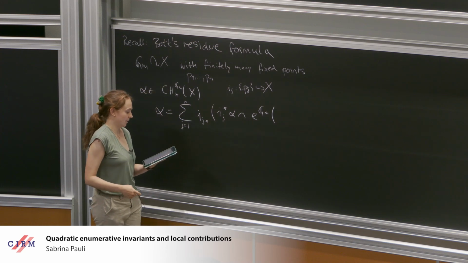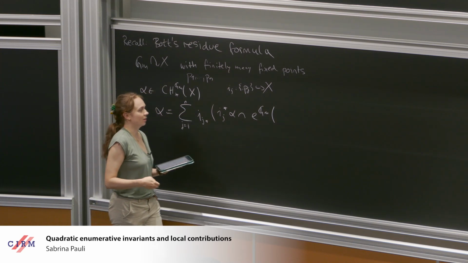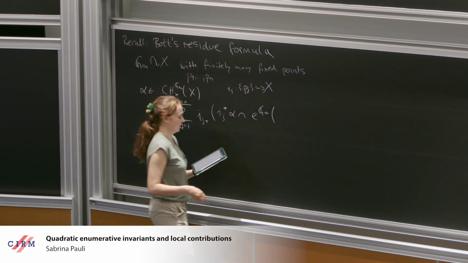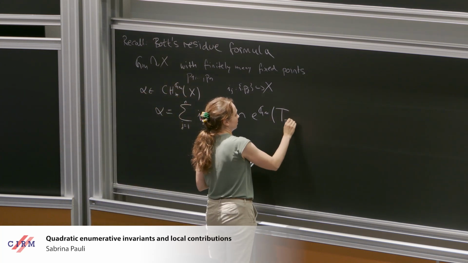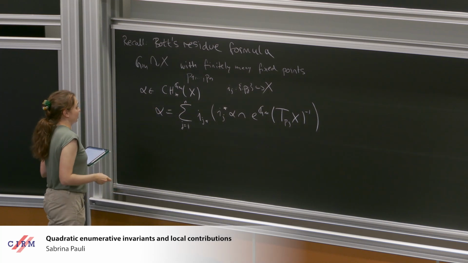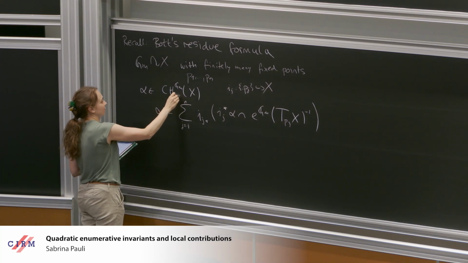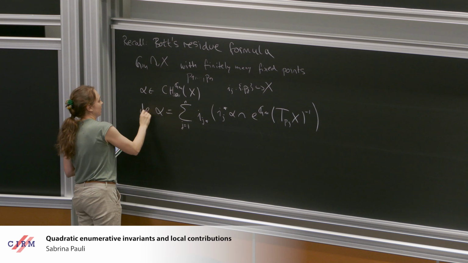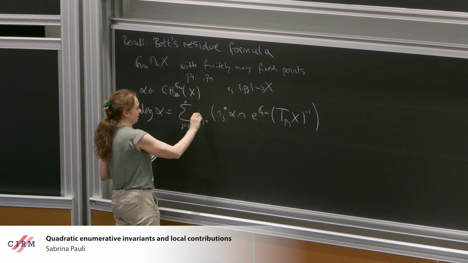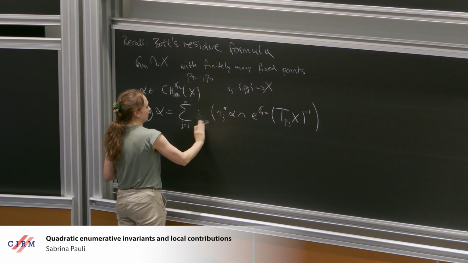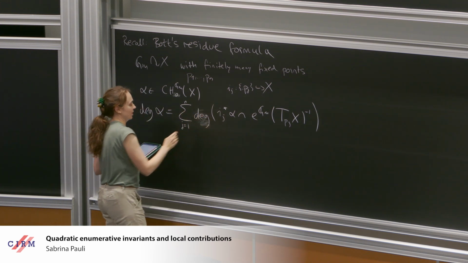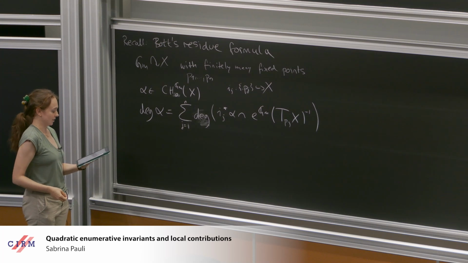Yesterday in the formula, Marc said it was the normal bundle, but we just have points, so the normal bundle is actually just the tangent space. So now let's assume this is in Chow 0, and we can take the degree. Then the degree is just pushing forward to the point, so I can actually forget about this part. So we can just compute this instead.